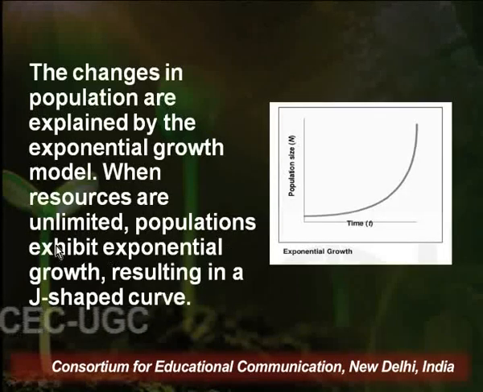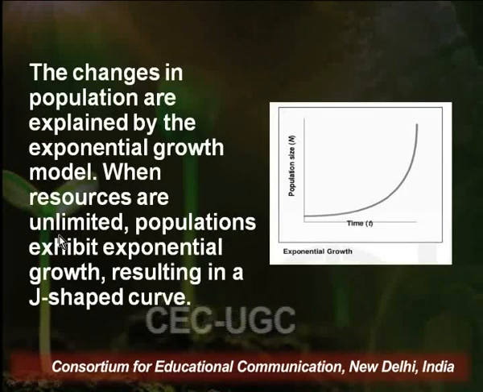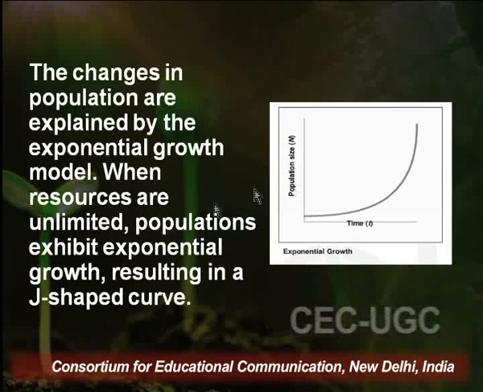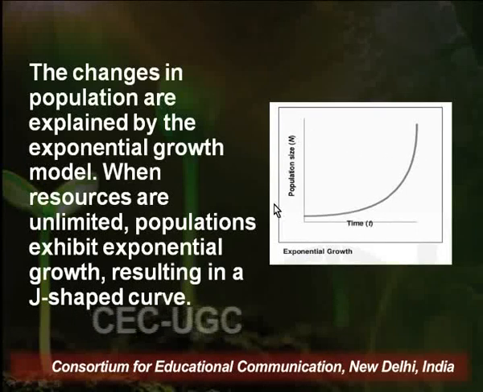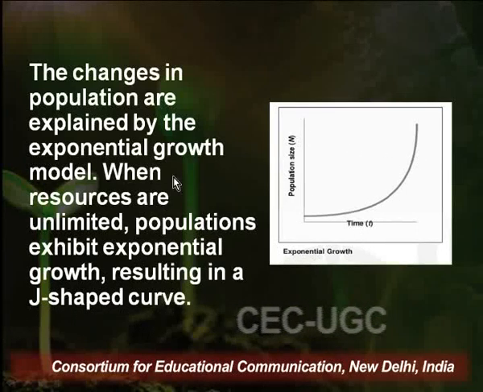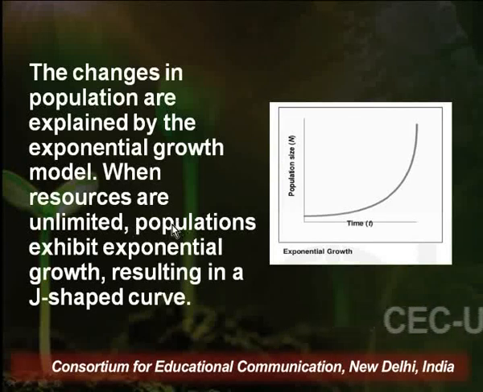So, the changes in population are explained by the exponential growth model. So, this is a diagrammatic representation of an exponential growth of a population. When the resources are unlimited, the populations exhibit exponential growth.